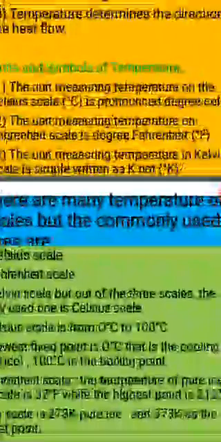Then the units and the symbols of temperature. 1. The unit measuring temperature on the Celsius scale is degree centigrade. It is pronounced as what? Degree centigrade or degree Celsius. 2.